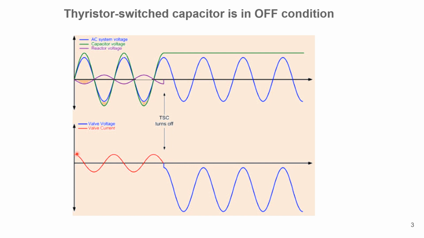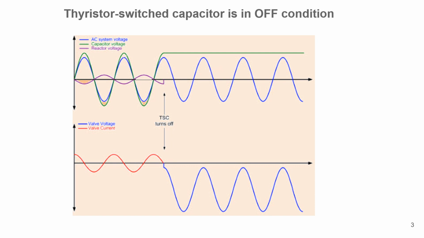When the TSC is off, there won't be any current in the TSC, and the corresponding capacitor voltage is at peak value. The capacitor discharges very slowly, so you should take care of that.